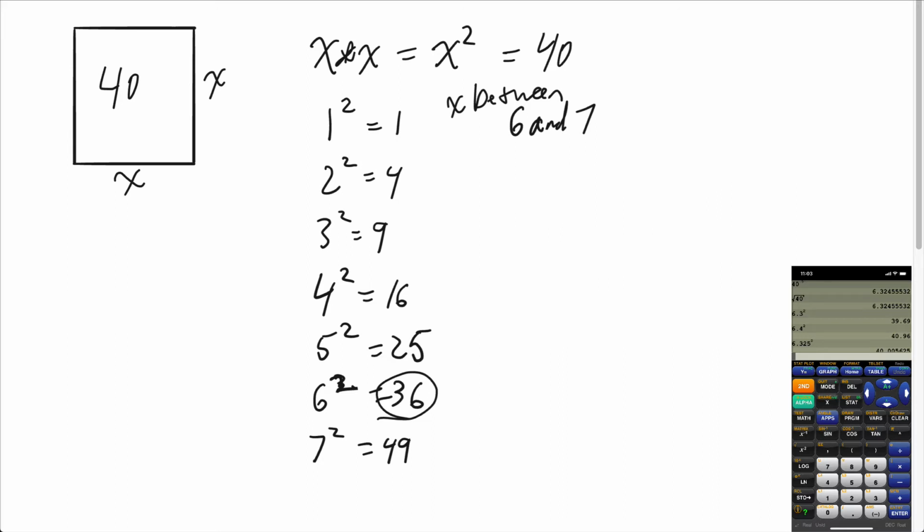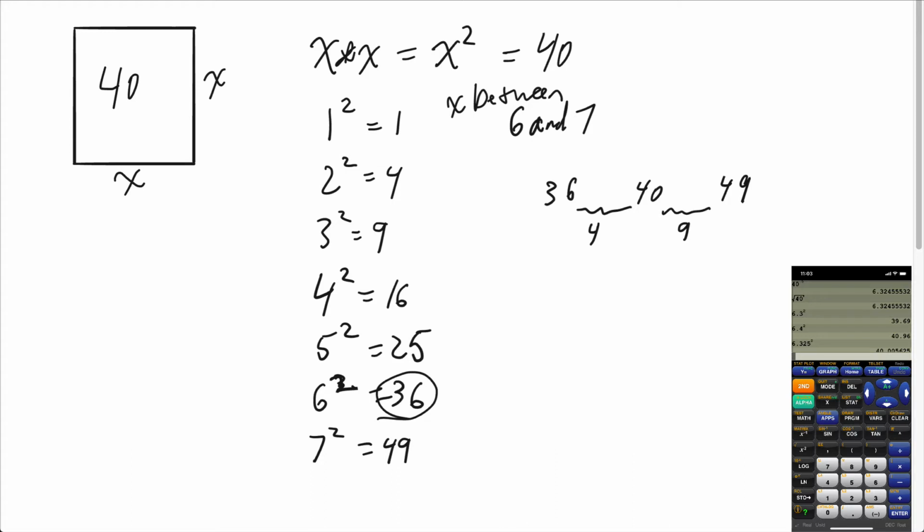All right, so I know it's between 6 and 7, but what do we have? We've got 36, and we've got 40, and then we've got 49, right? So that's a step size of 4 between 36 and 40, and that's a step size of 9 between 40 and 49.